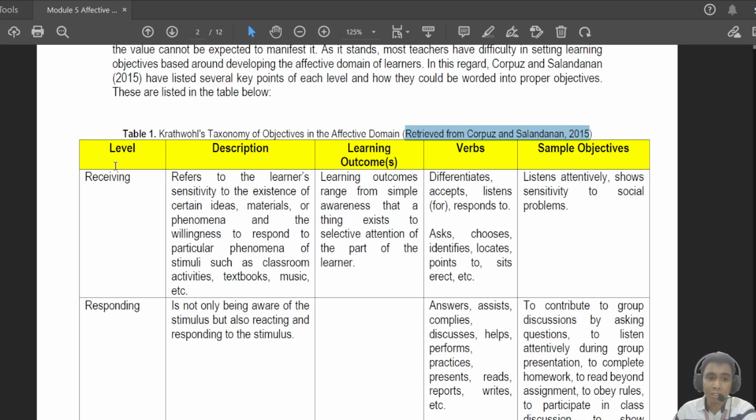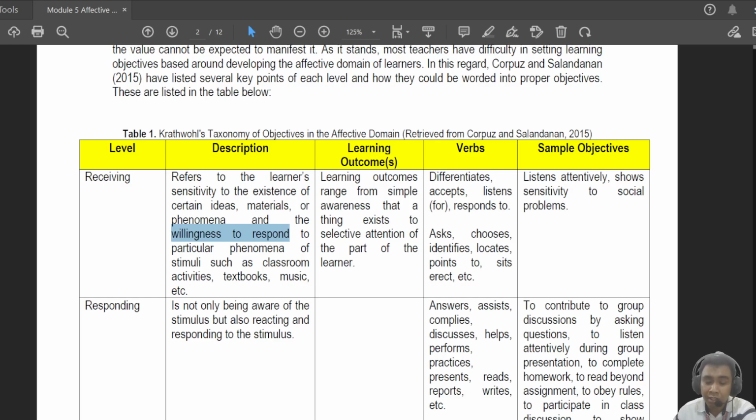So let's talk first about the first level, receiving. This refers to the learner's sensitivity to the existence of certain ideas, materials, and phenomena, and the willingness to respond to a particular phenomenon. You have to take note of the word willingness here. We'll show that later, but for now, note the willingness.